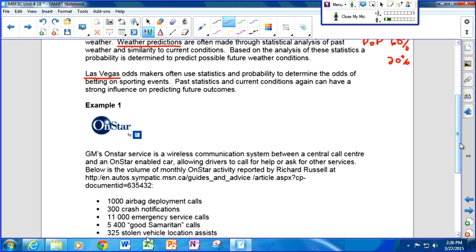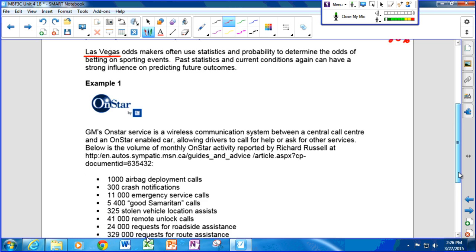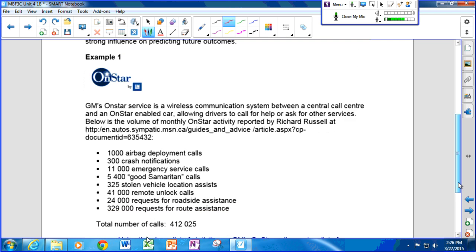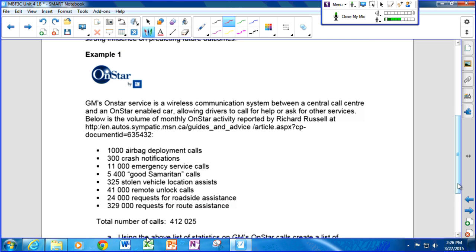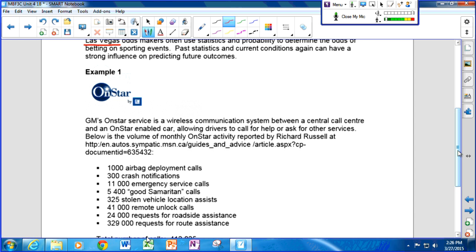So the course material gives you a case study, and I think they actually use that as part of your key questions as well. They talk about this OnStar service that General Motors has in their vehicles.